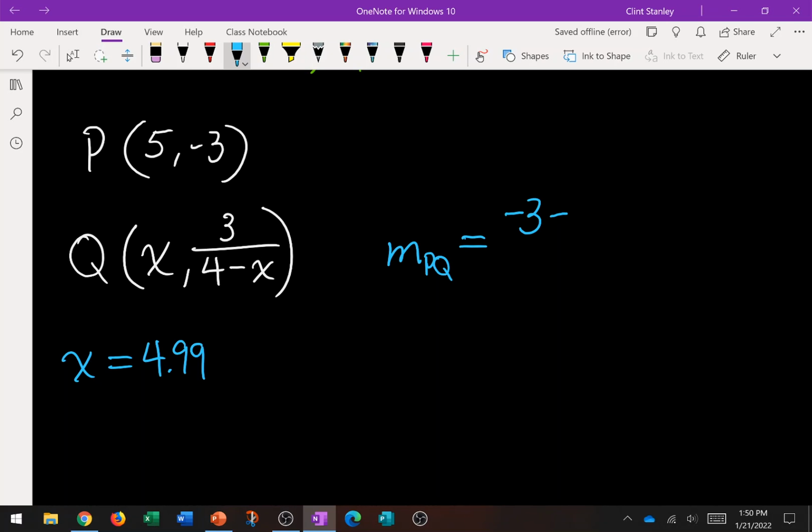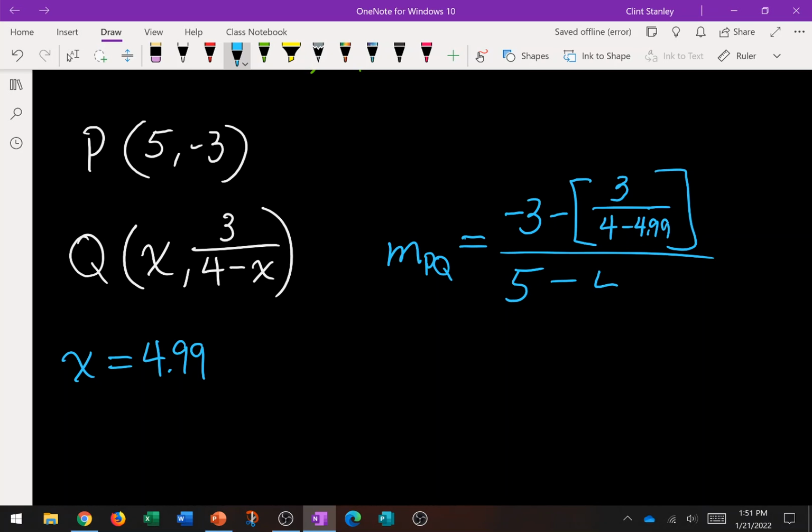minus, then we need the y coordinate of point Q. That thing's a little messy there, right? That's 3/4 minus 4.99. And on the bottom, we subtract our x value, so 5 minus x, which is 4.99.